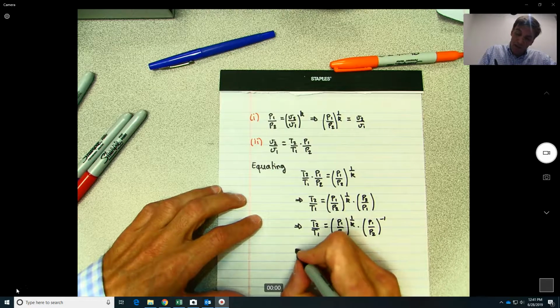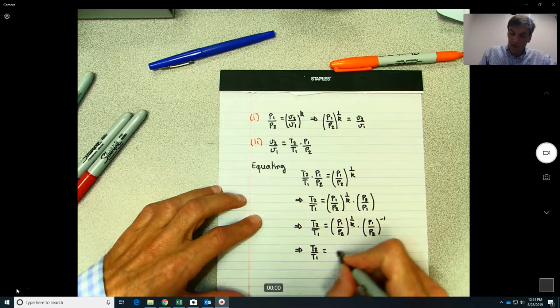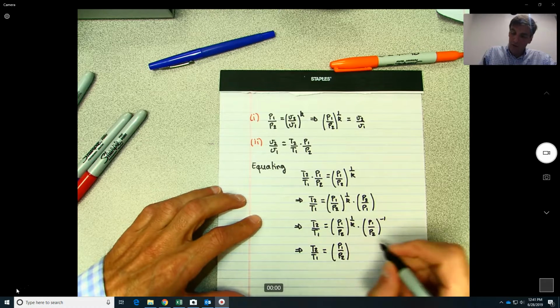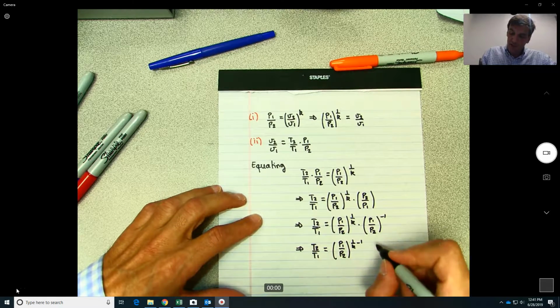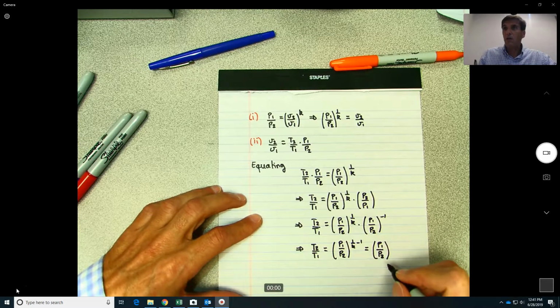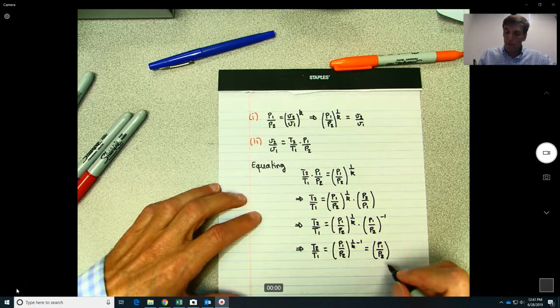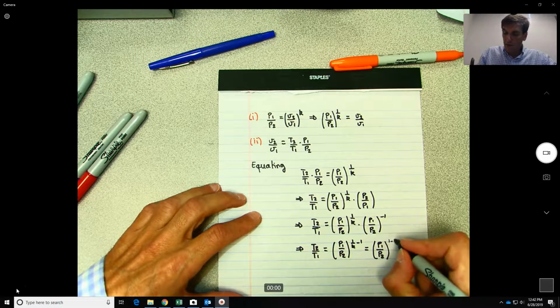So this will give you what? T2 over T1 equals P1 over P2 to the 1 over K minus 1, which is the same as P1 over P2 to the 1 minus K over K.